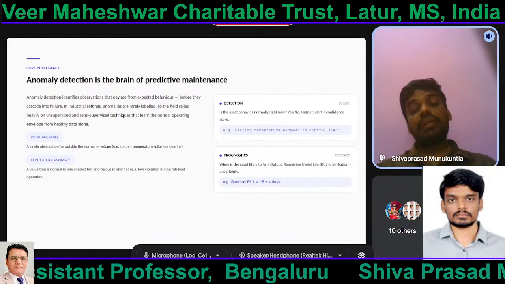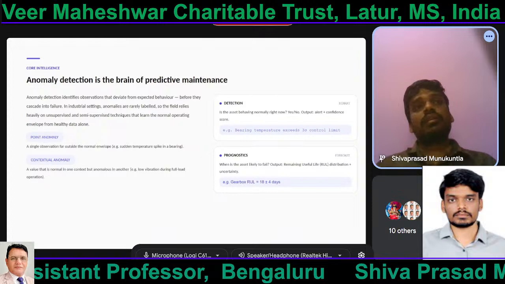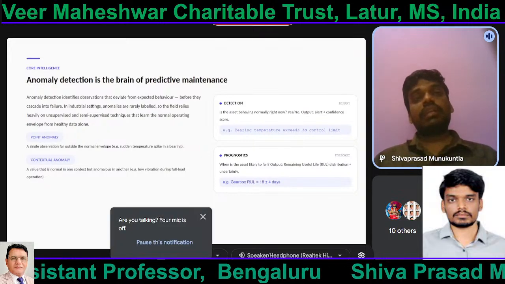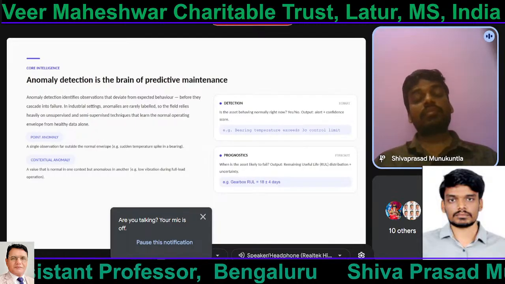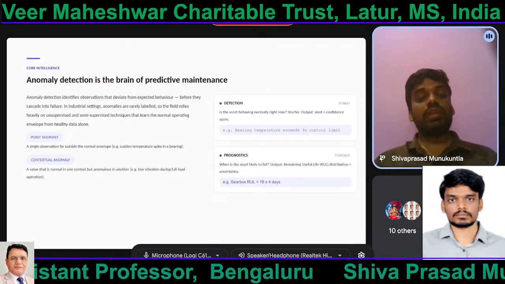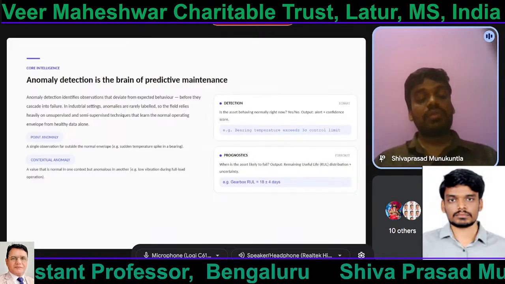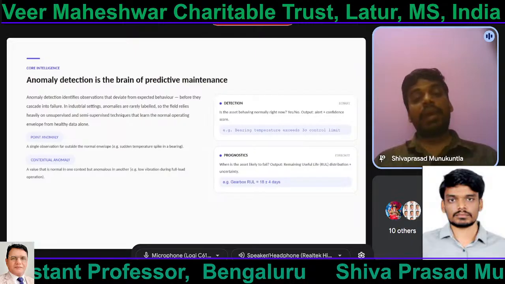So the main thing we are trying to do here is anomaly detection. Say you use your scooty daily and are not facing any issue, but one day you observe that the engine is getting too much heat, and you ignore it. After a few weeks it comes again. So an anomaly is something which doesn't follow a pattern.